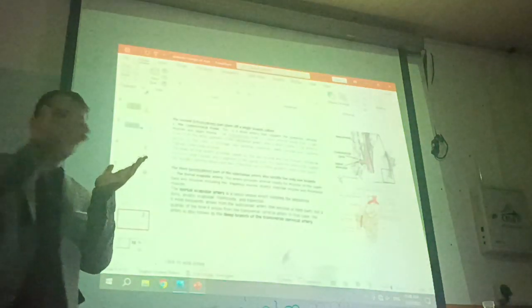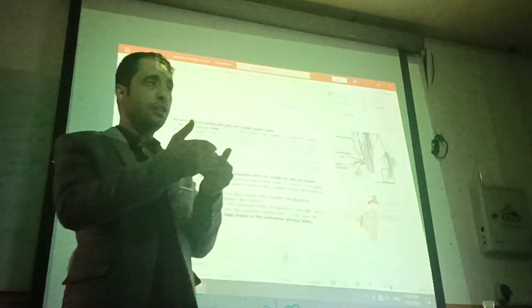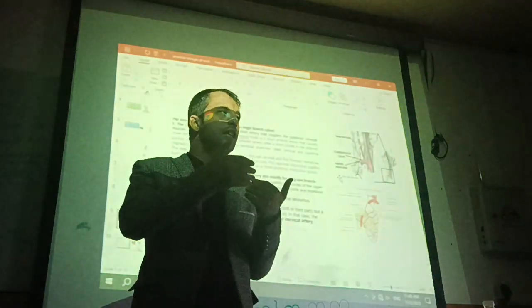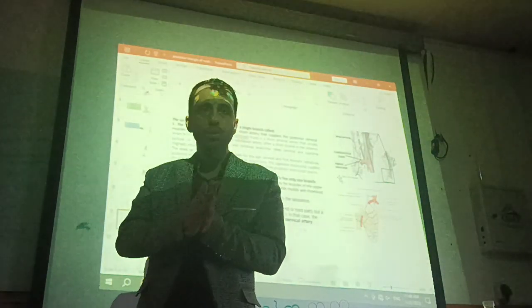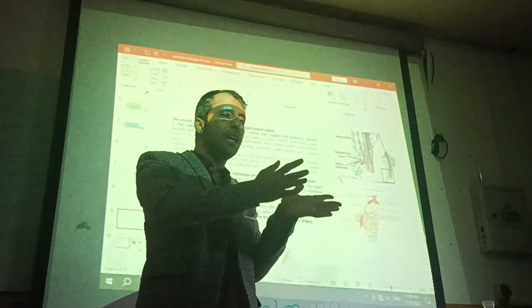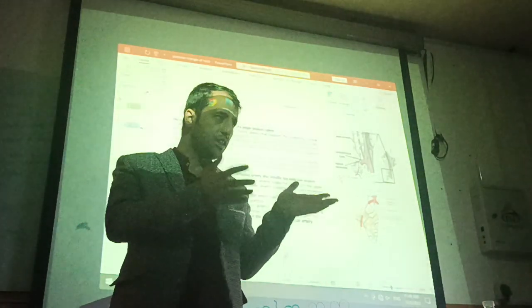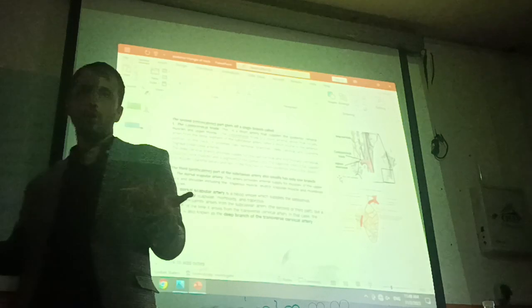Thyrocervical. This branch, the transverse cervical, then divides into superficial cervical and dorsal scapular.